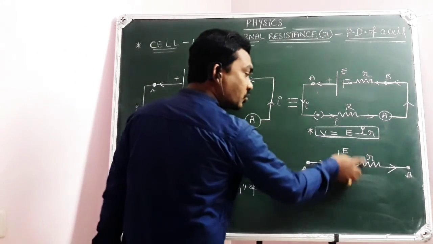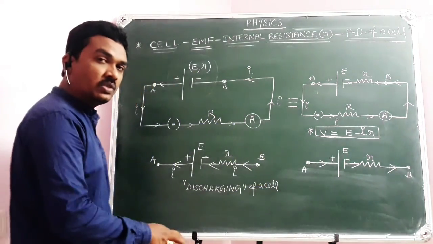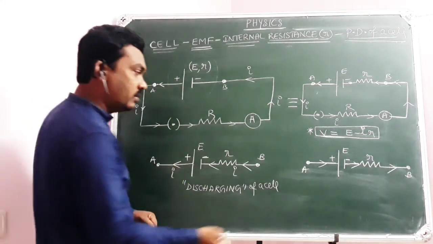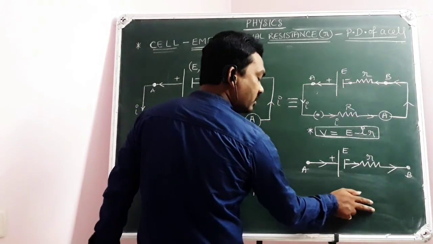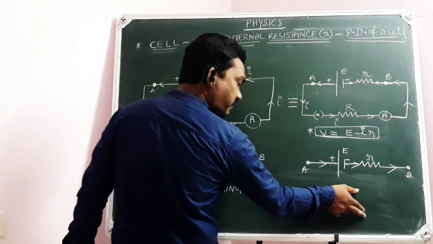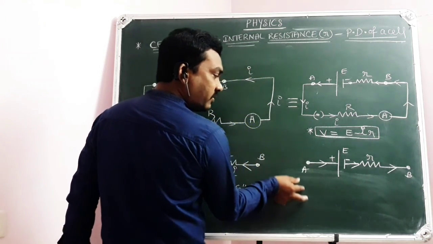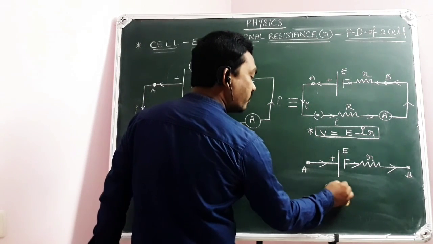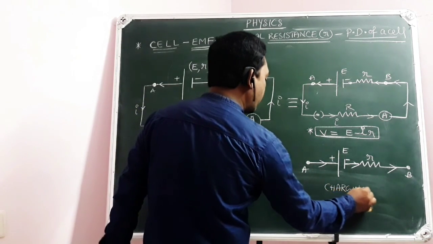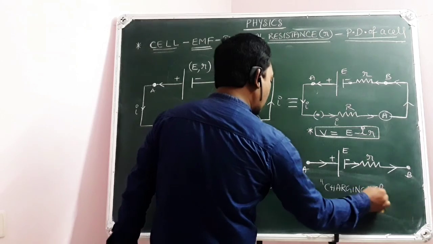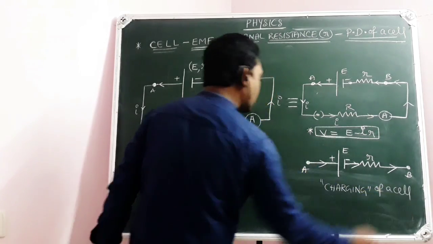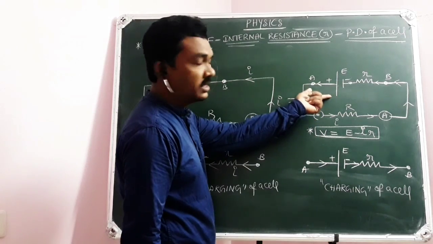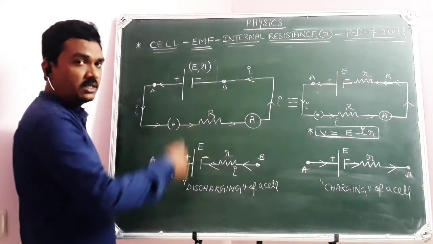Yes, whenever a cell is going to be charged using some external source of electric current, some other battery here, the current is drawn from that battery and sent to the cell, which we call charging of a cell. So there is a lot of difference. This is discharging, this is charging. Of course, this point is discharging of a cell where current is drawn.